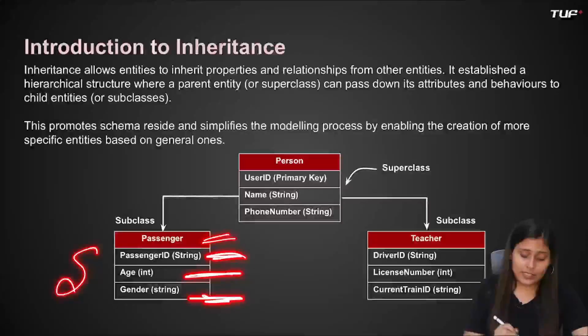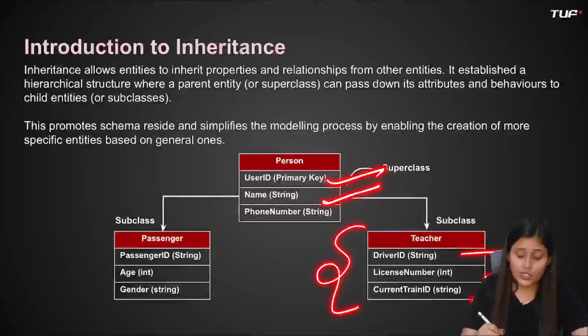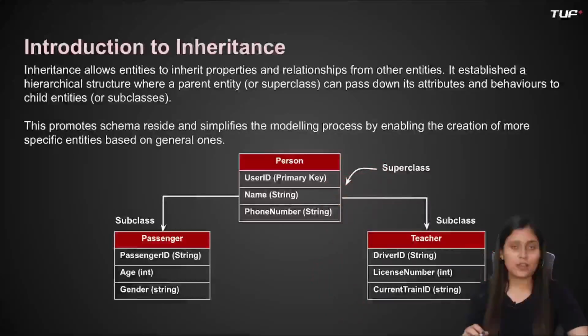Along with these three, passenger is allowed to inherit the three attributes of person as well. Similarly, teacher has driver ID, license number and current train ID, along with the three attributes already there in the parent entity person.